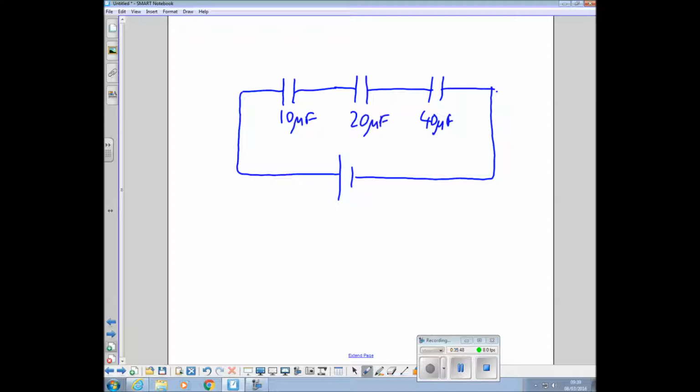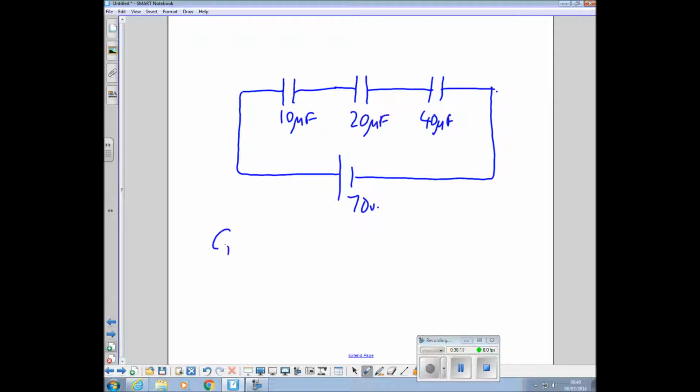So if we have 70 volts across that network, let's think about this. What would the total capacitance be?